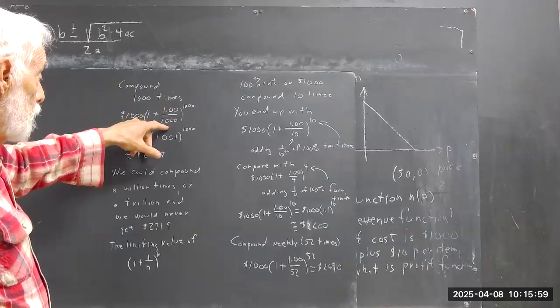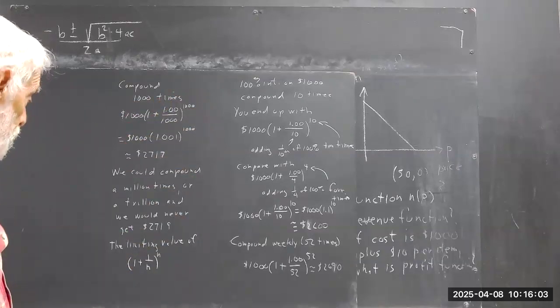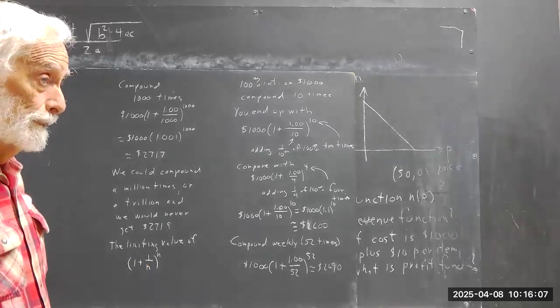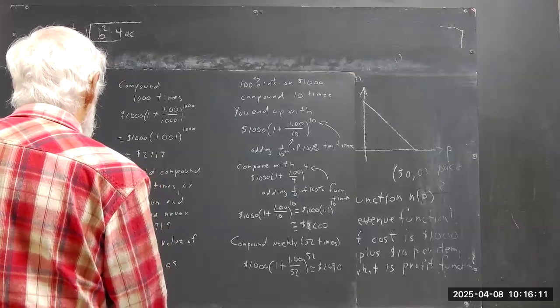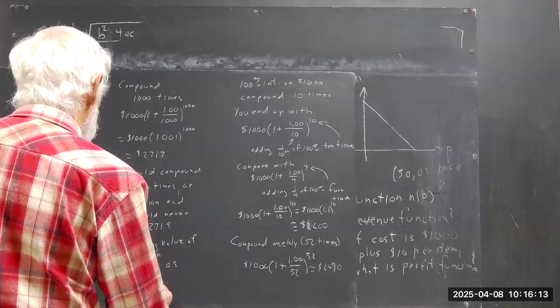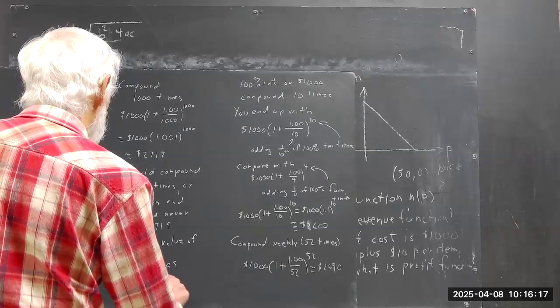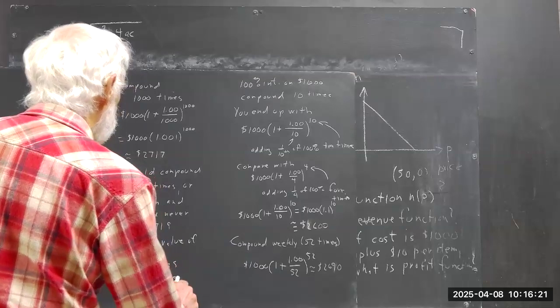We get 1 plus 1 over 1,000 to the 1,000, 1 plus 1 over n to the n. The limiting value of 1 plus 1 over n, if n approaches infinity, is e.